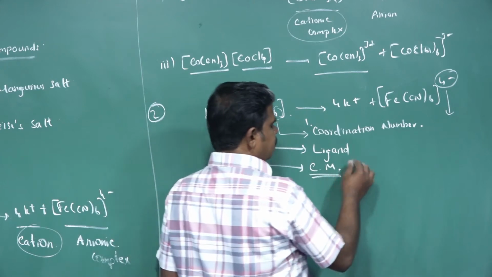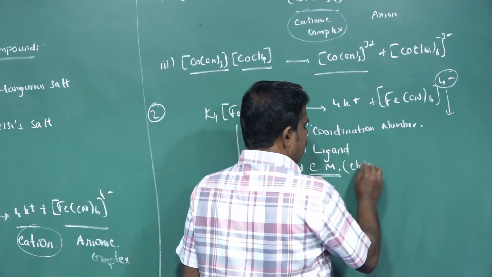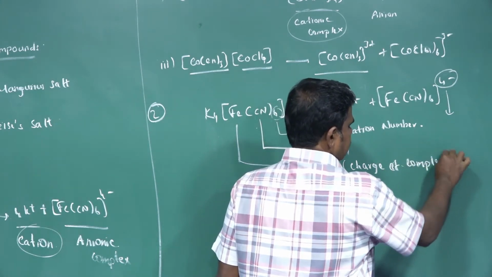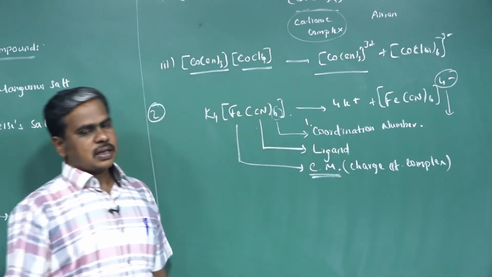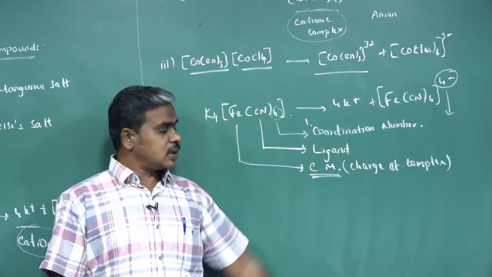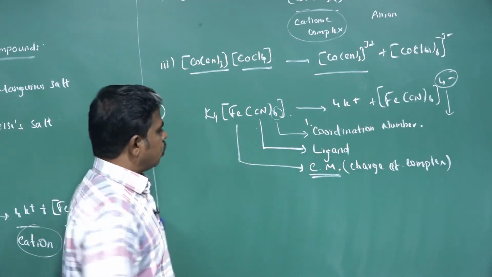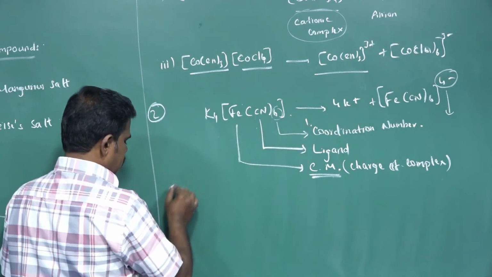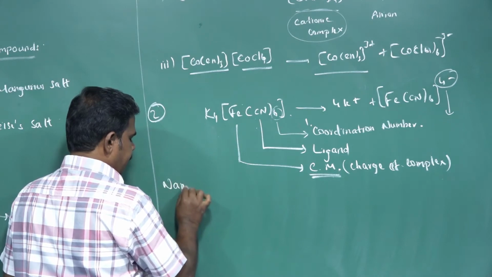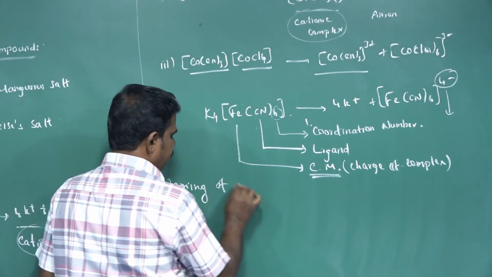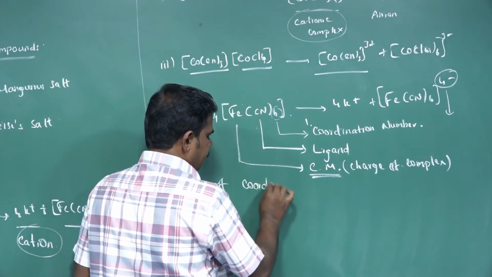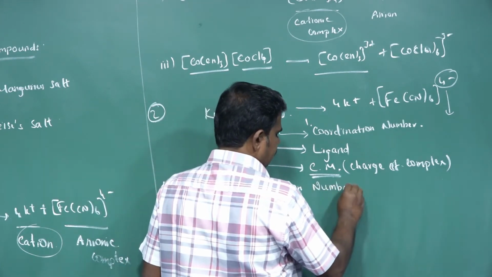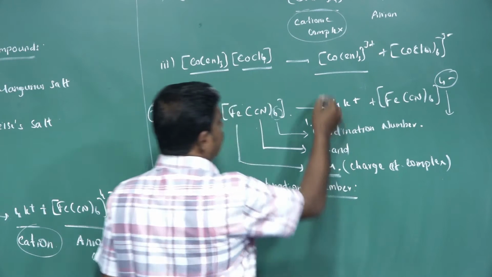So the central metal atom naming depends upon the charge of the complex. Okay. Now the first one in a complex, we name the coordination number first. So naming of the coordination number. Now how to name the coordination number?